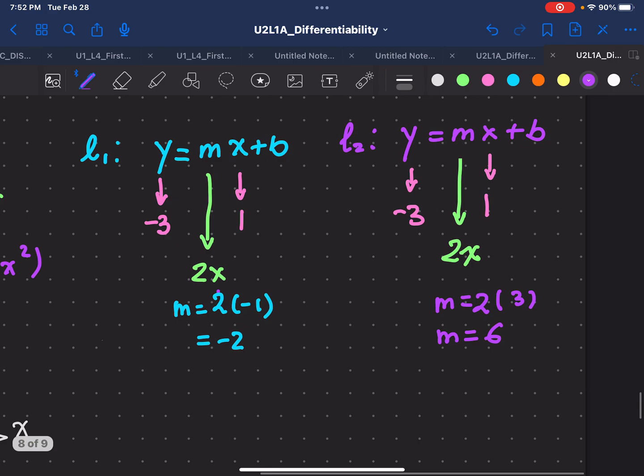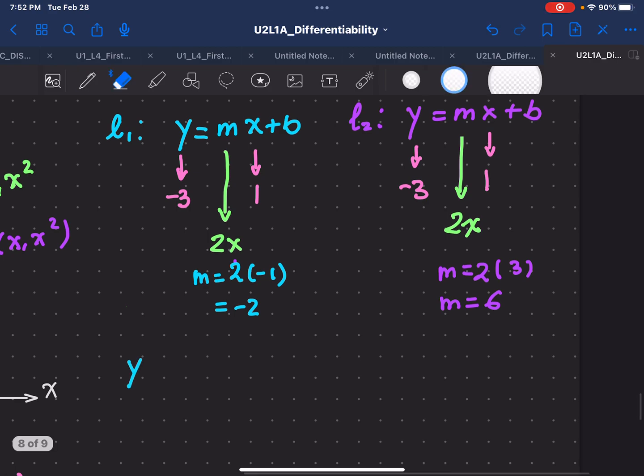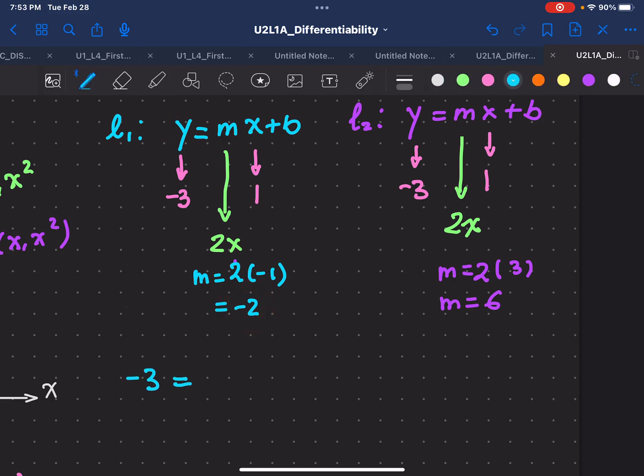Now, you see, we have a lot more information in our hand, and we're going to start off by finding the equation of the blue tangent. Here we have the value of y, which is negative 3. So we'll write that down, equals the value of the slope, negative 2. So this slope here is negative 2.